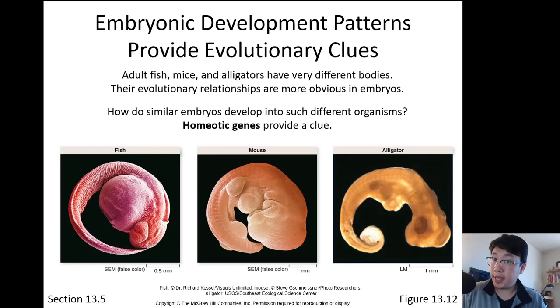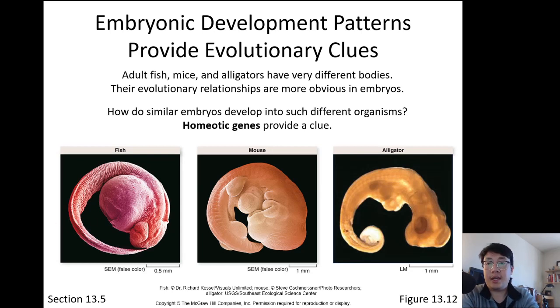Again, this goes back to animal development. Look at the development of each of these organisms. Homeotic genes. Again, homeotic genes are just the genes that are in effect during the embryonic stages.